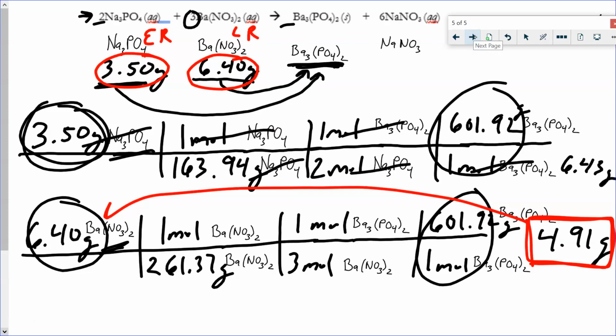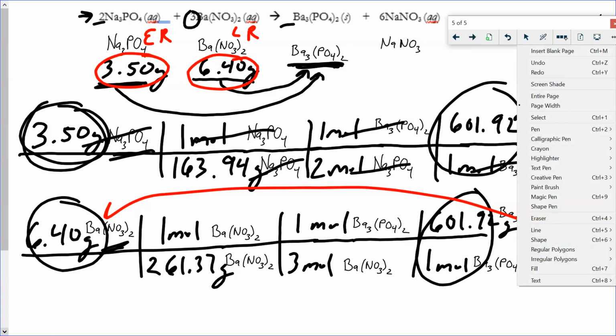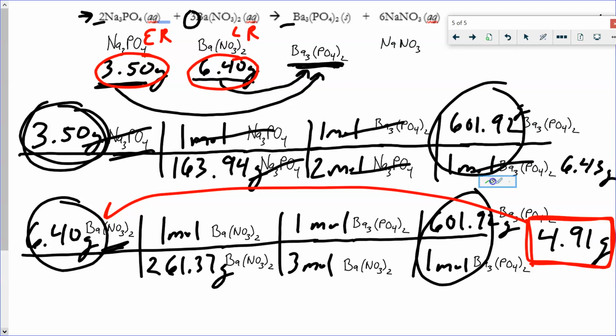We need to go from our limiting reactant to the excess reactant, meaning I'm going to figure out, from the 6.40 grams of the barium nitrate, how many grams of the sodium phosphate I will use up when I use all 6.4 grams of the barium nitrate.